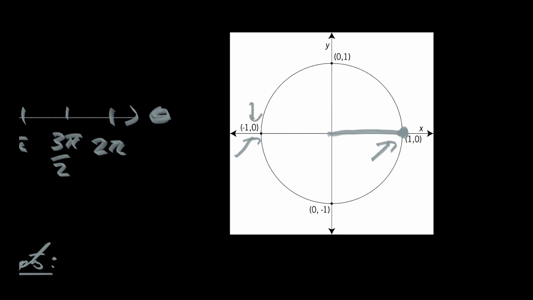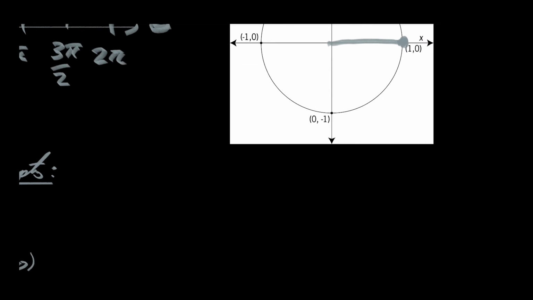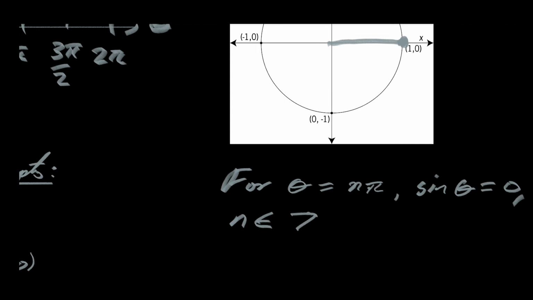So maybe you remember I expressed it like this: for theta equals n pi, sine of theta, which would just be sine of n pi, will equal 0, where n's just some integer.